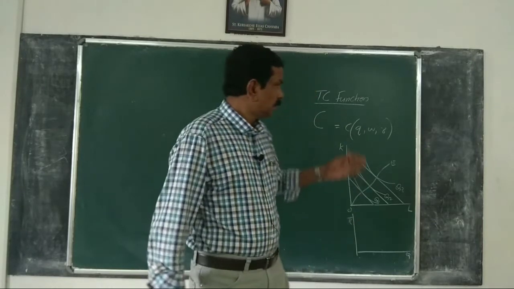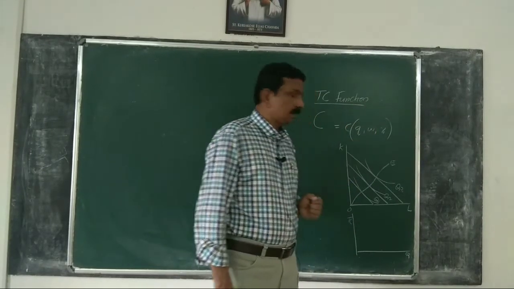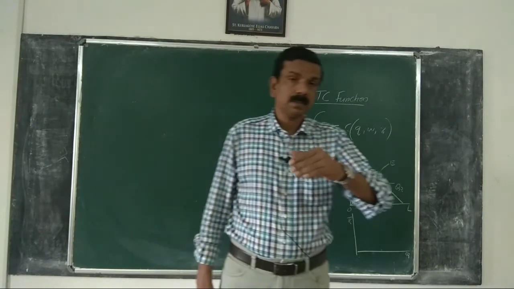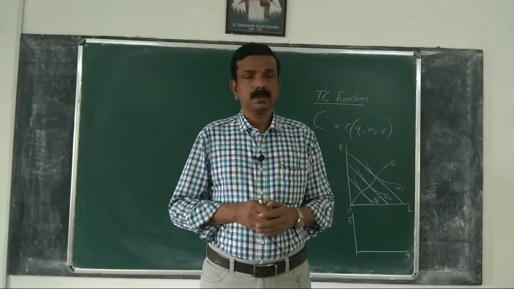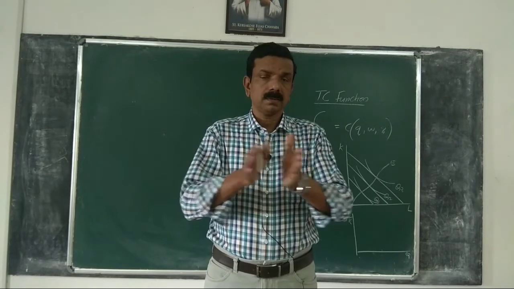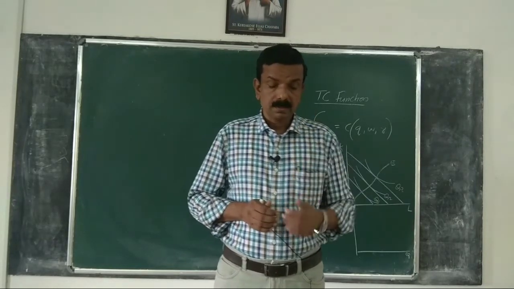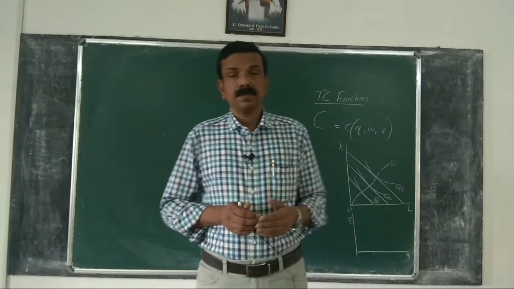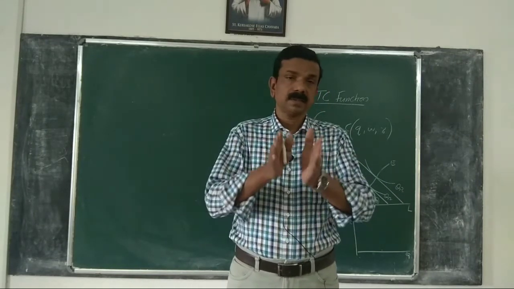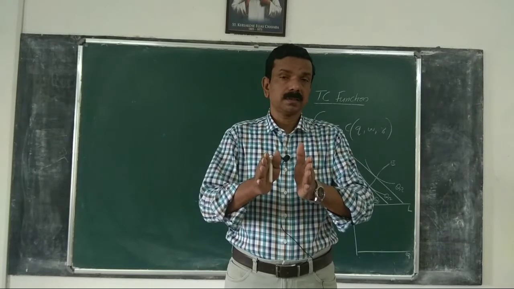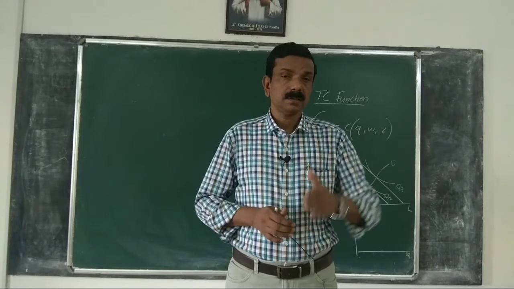So, once the total cost function is given, we derive the per unit cost curves, so that it will be in correspondence with the analysis of demand, which states quantity demanded as a function of price per unit.